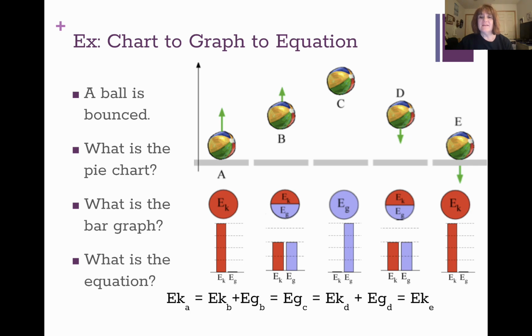So it looks like this, and it's read the EK at A is equal to, and that equal sign is incredibly powerful because it tells you that all the energy that you have at A, you have all that same energy at B. So this is the EK at B plus the EG at B is equal to the EG at C is equal to the EK at D plus the EG at D is equal to the EK at E. This is the kind of problem you're going to be doing in class today.